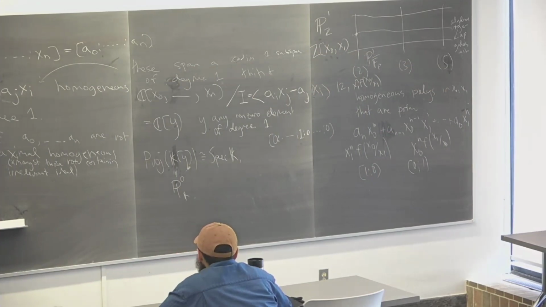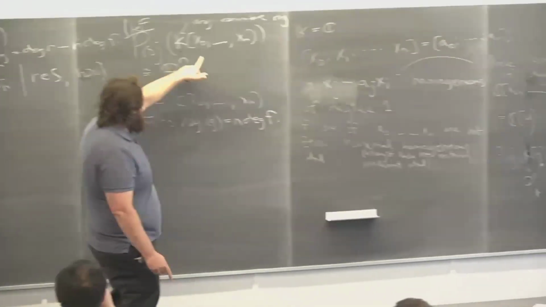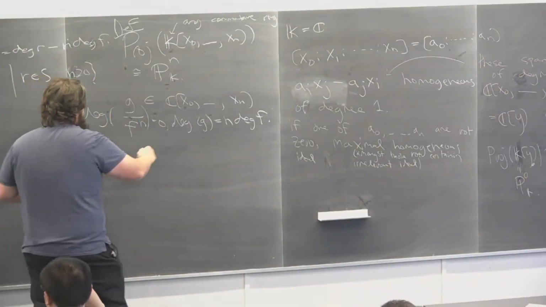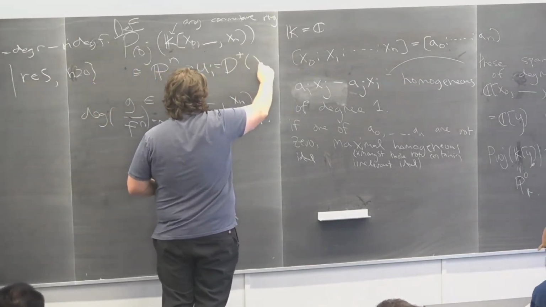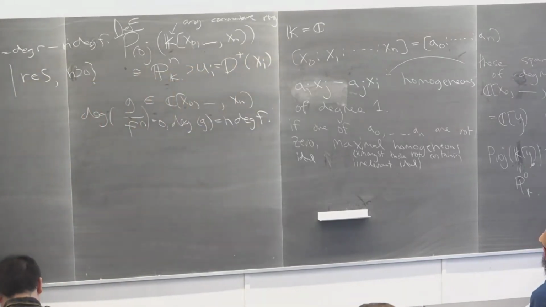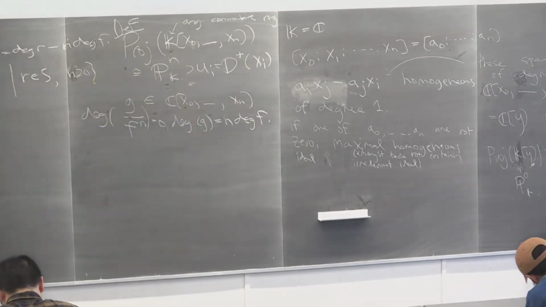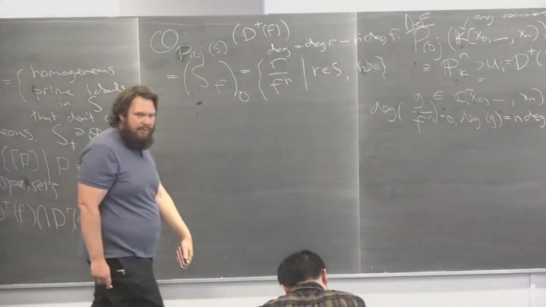So in general, whenever I choose a homogeneous polynomial, I get an affine open set. So inside here, I have a U_i that I define to be D_+ of x_i. And you can check that this is what happens when I localize at x_i and take the degree 0 elements.